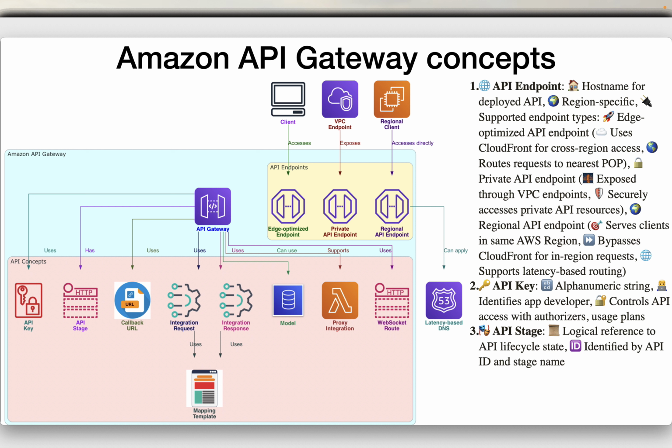Then we have callback URL. When a new client is connected through a WebSocket connection, you can call an integration in API Gateway to store the client's callback URL. You can then use that callback URL to send messages to the client from the backend system. So this is only for WebSocket, so that there is two-way communication. When a client calls the first time, you can call some kind of integration to store the client's callback URL.